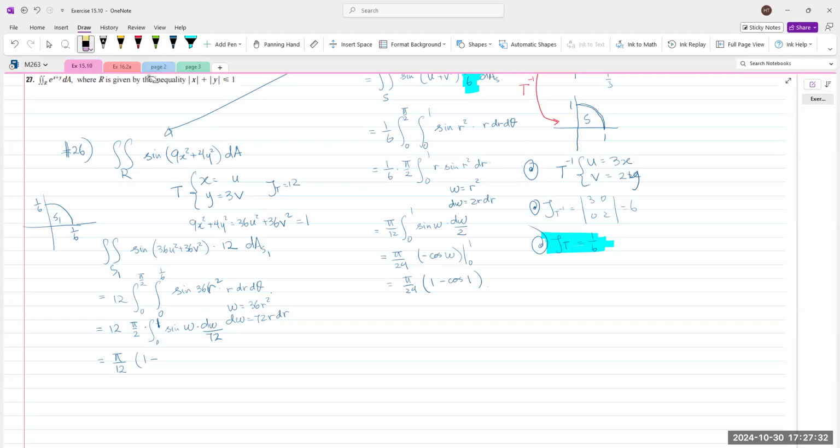Here, this should be 2 to make it 36. There should be a 2 to make 36. So this will be 6 here. So this will be 6, this will be 6, this will be 6.